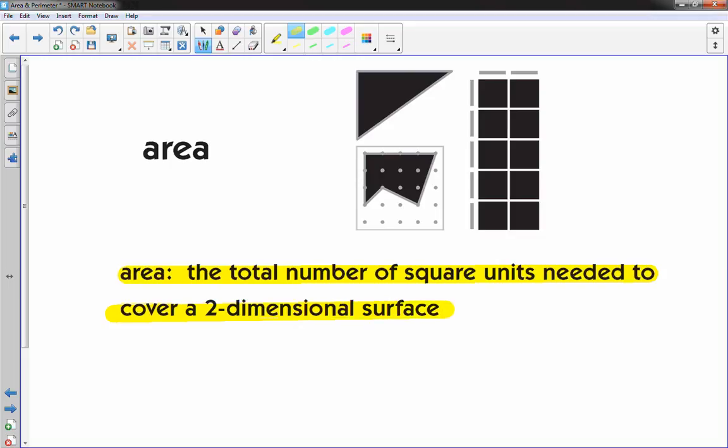So you have to imagine you're filling it up with squares. An important concept here, two-dimensional surface, what that basically means is you're using two dimensions to figure out the area. And usually we associate that with length times width.